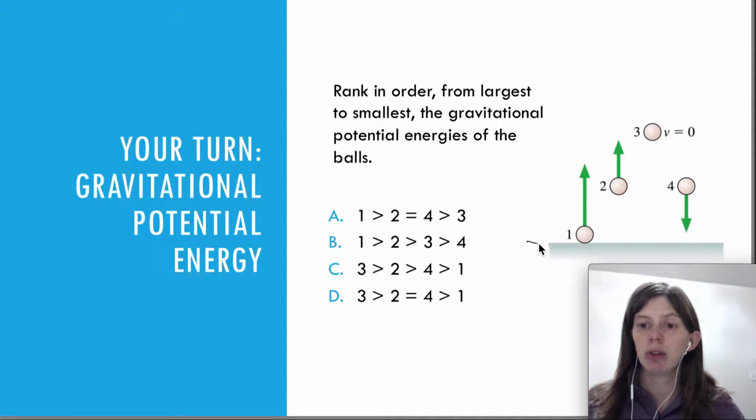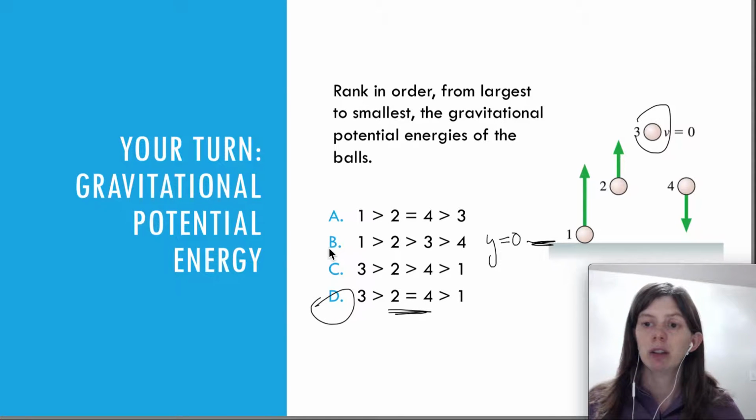So if we use the surface here as y equals 0, that's our reference level, then 3 has the most height, it has the most energy. And then 2 and 4 have the same height, so they have equal energy. 2 equals 4. And then 1 would have no energy here relative to this surface. So it would be the smallest. So that would be the best answer choice, would be D. So remember, gravitational potential energy just has to do with your height, not with your velocity.